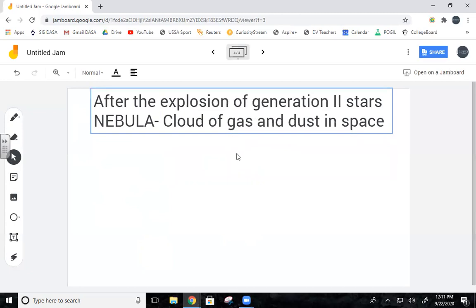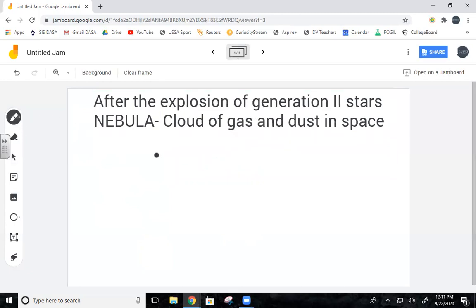So our nebula is just this gas. I kind of want to draw it, but I kind of don't at the same time.